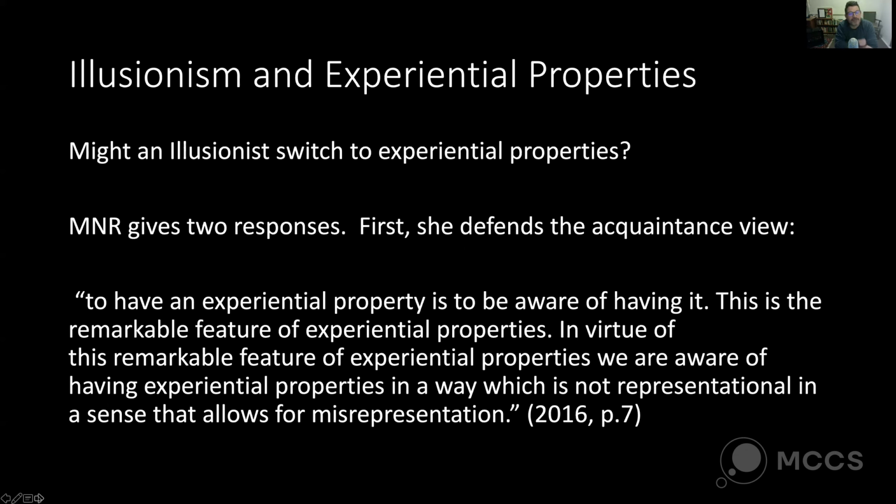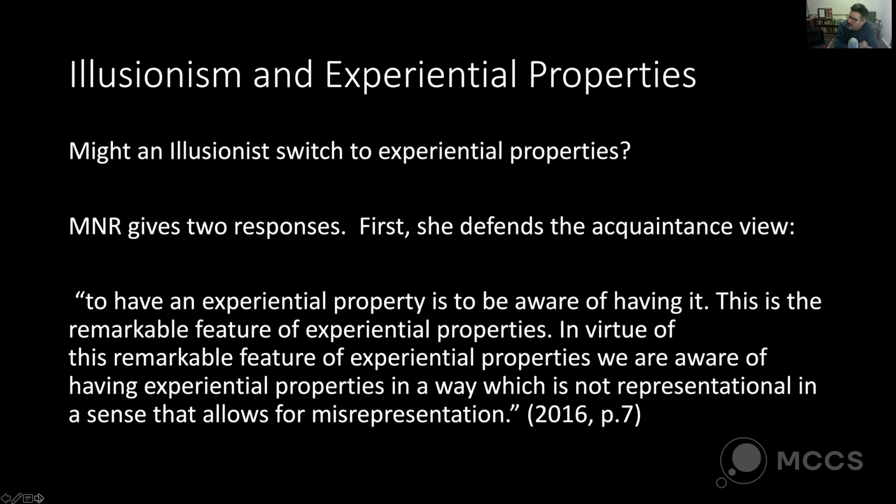And we can come to know by introspection that we instantiate them. So in principle, one could just say, okay, so let's formulate illusionism in terms of experiential properties. Now, really what happens at this point in her paper is that there are two separate replies to this.